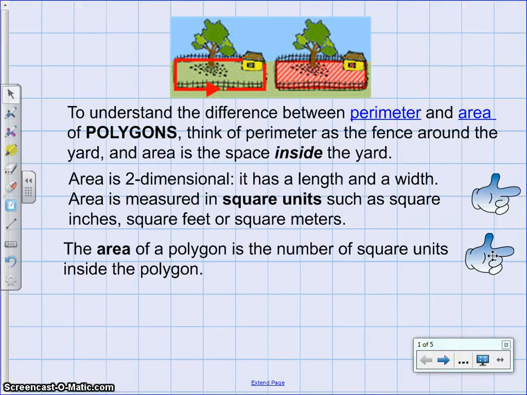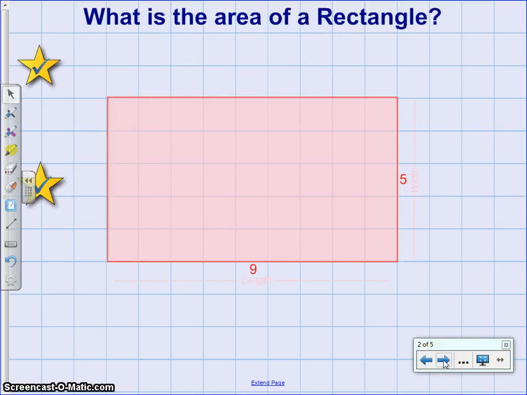And so again, the area of a polygon is the number of square units that covers the whole inside of that polygon, that shape. And so far we've been working with regular shaped objects, like this rectangle here. It's a regular shape, it's not irregular.